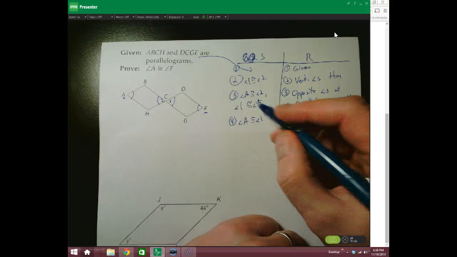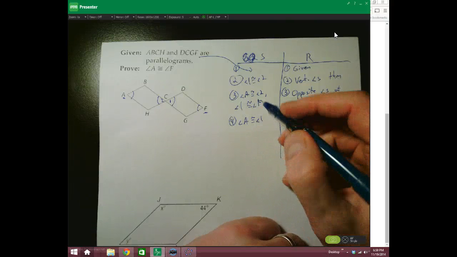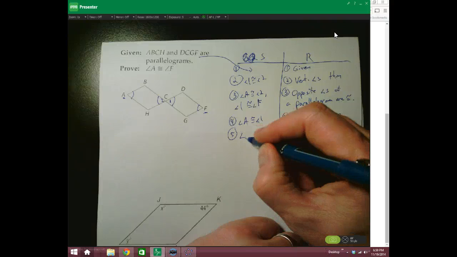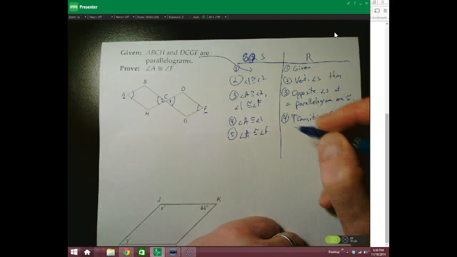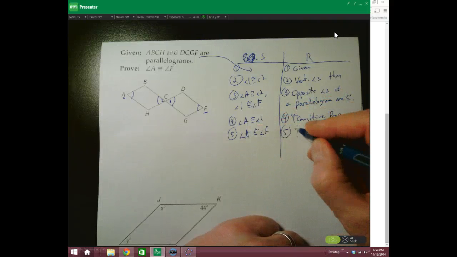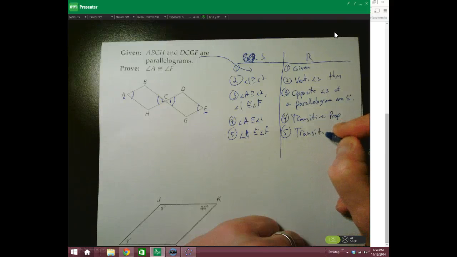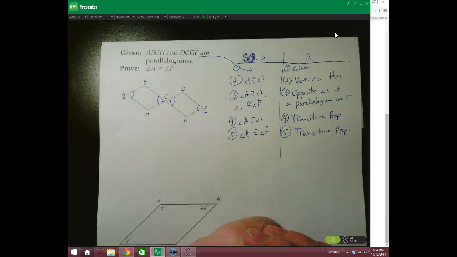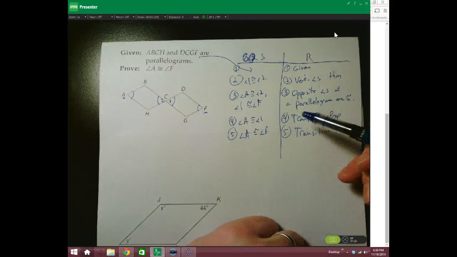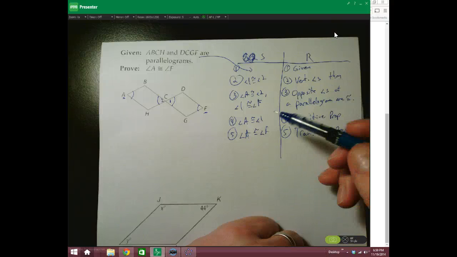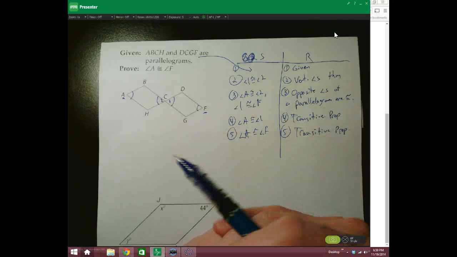And now if angle A is congruent to angle 1 and angle 1 is congruent to angle F, angle A is congruent to angle F by transitive property. So this does liken back to the proofs we did in chapter 4, but now we're doing it with parallelograms.